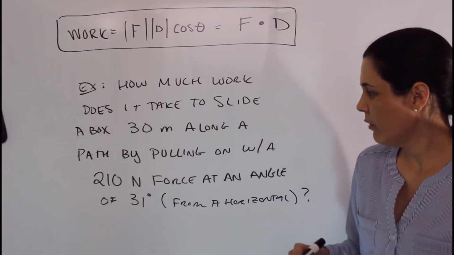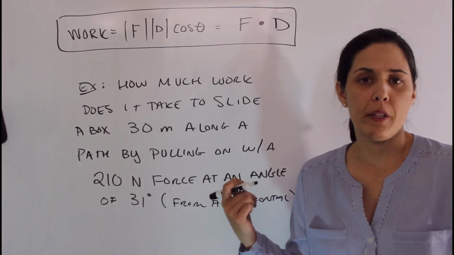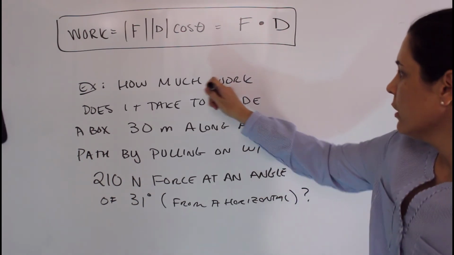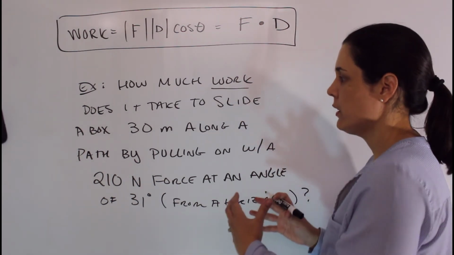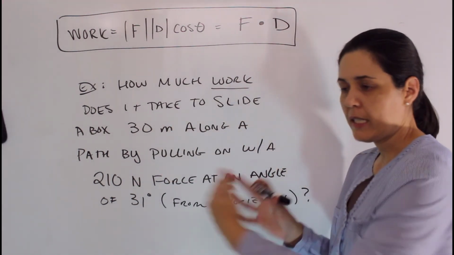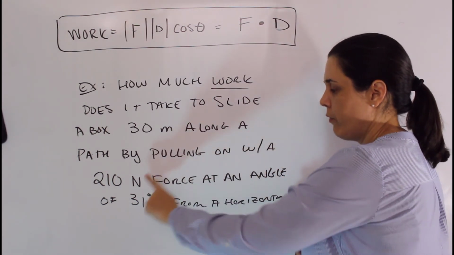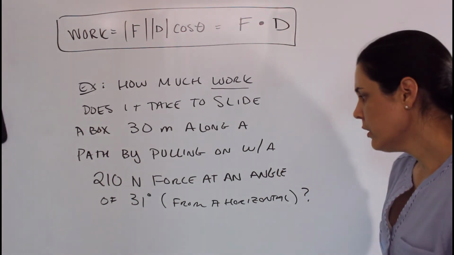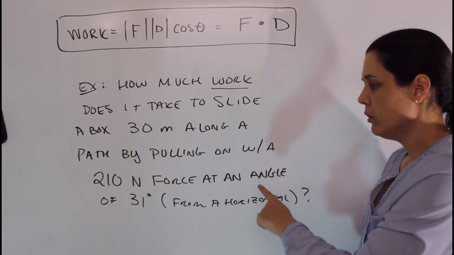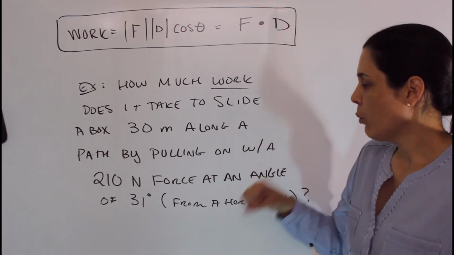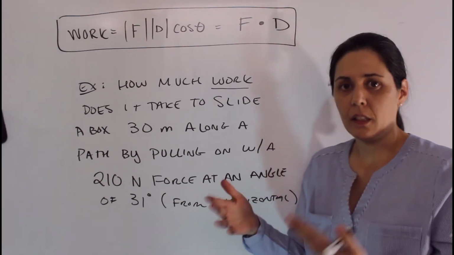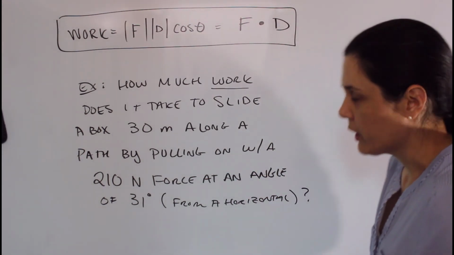Alright, so it might seem like there's a lot in this problem, but really it's super straightforward because we actually know all the values we need to go right into our formula. How much work does it take to slide a box? We're sliding it 30 meters, that's our distance or displacement, along a path and we're pulling on it with a force of 210 newtons, and we know the angle that our force vector forms with the horizontal, which is basically the path as well that this object's on.